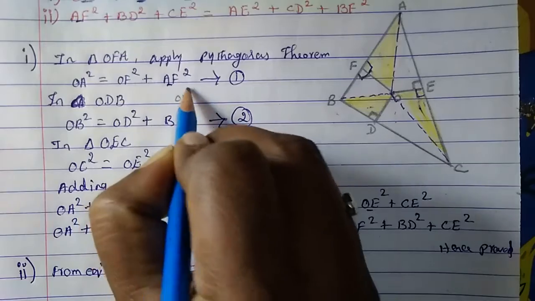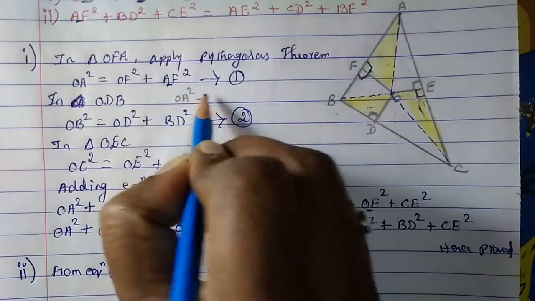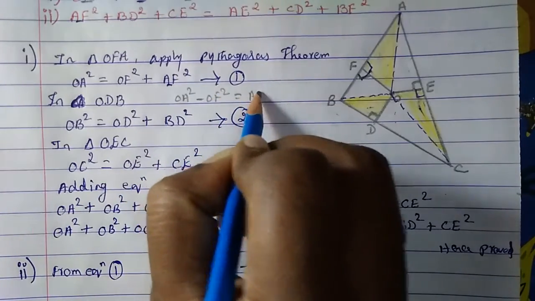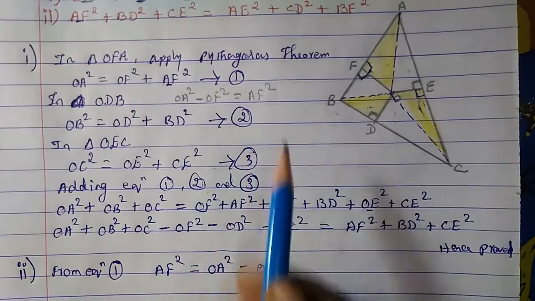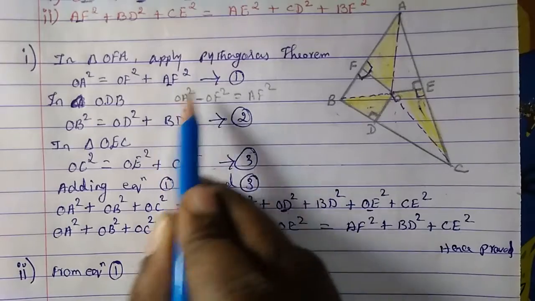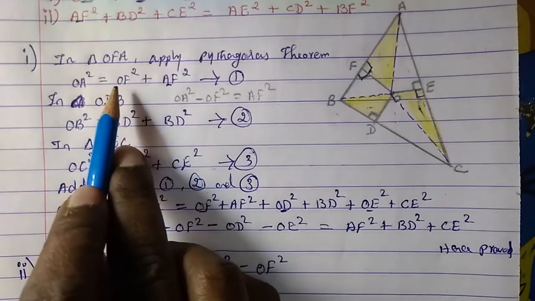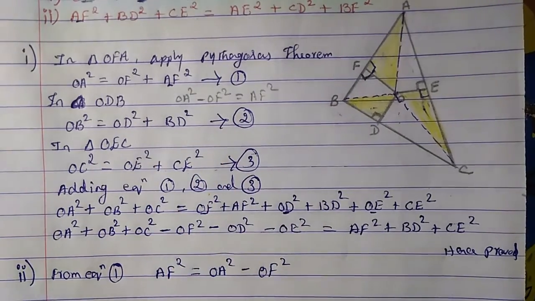This is OA square, and when it comes to the left side, it becomes minus OF square. Then this remains here only, so it becomes AF square. So this is what I have written here: AF square equal to OA square minus OF square. Do you understand? That's how you have to do equation 2 and equation 3.